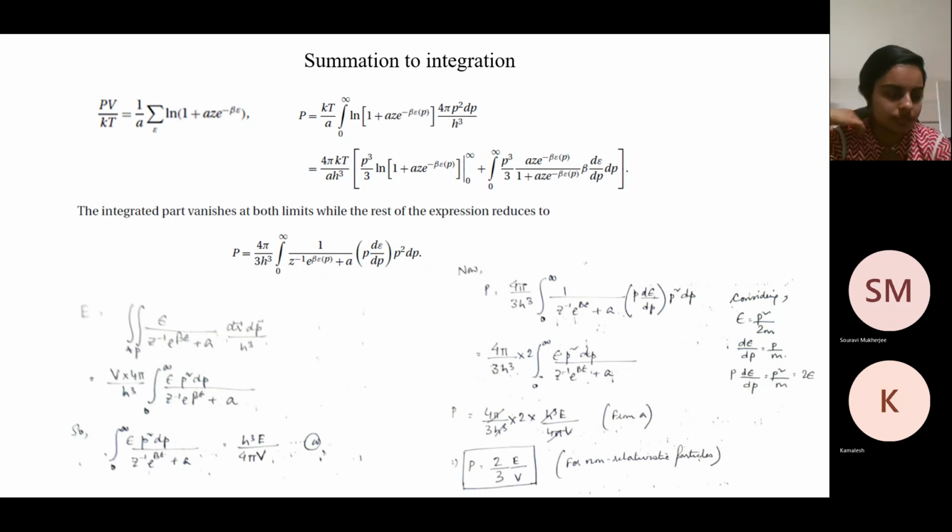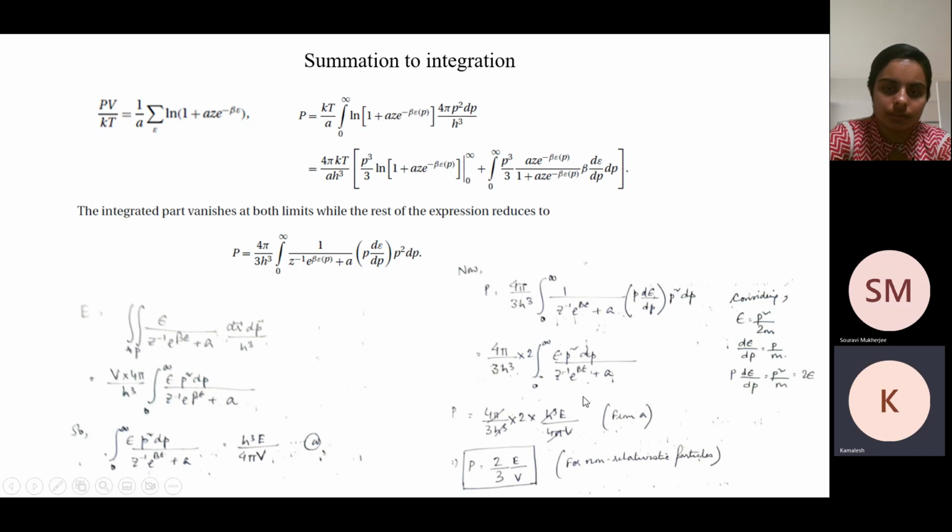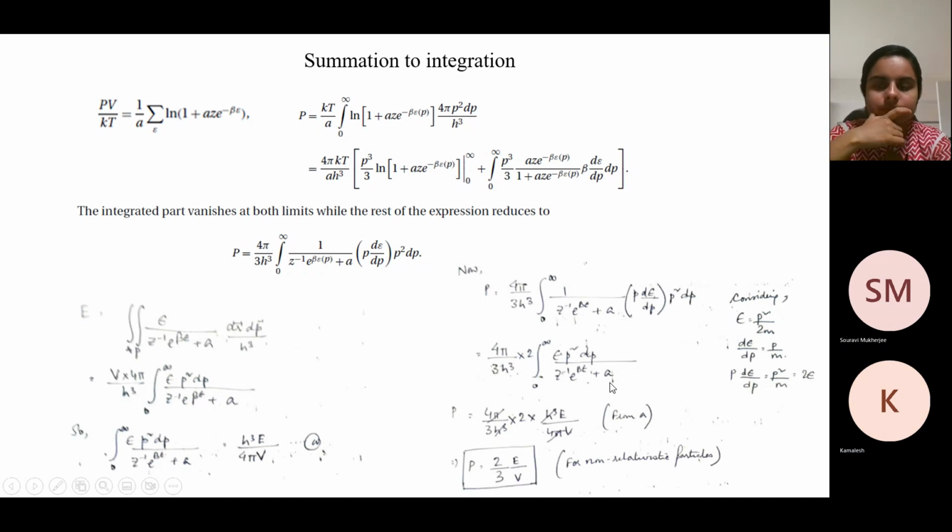Where are you stuck? I got somewhat like E times C divided by 12V.